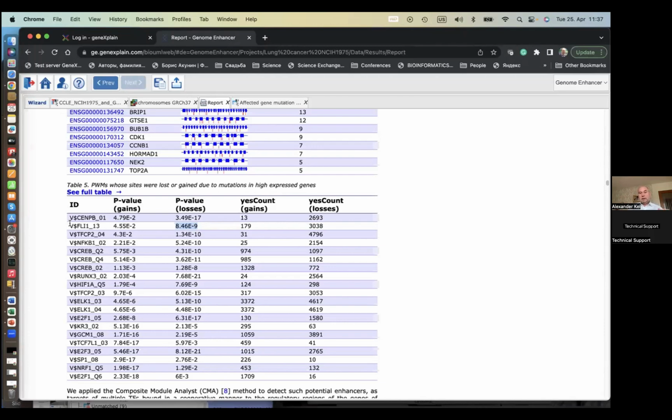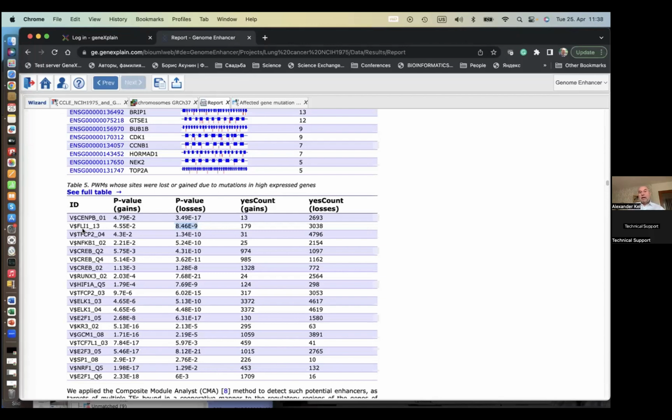So the tumor genome is under very strong selection pressure, which means that for some reason, for instance, this Fli transcription factor is very active, right? So it maybe gets active in those tumors, and it starts binding to many places and dysregulating a lot of genes.